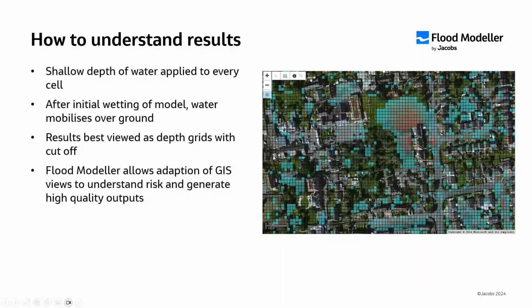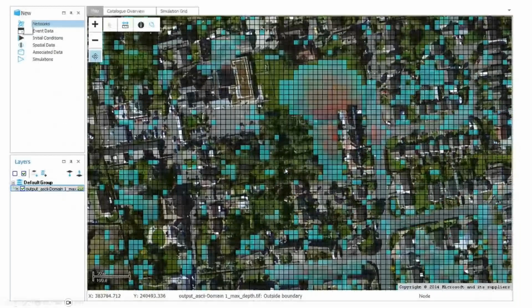But we can adjust the color ramp such that you show only areas with deep water, and then you can refine that so you can see areas of deepest water in particular colors, which aids with your analysis. So you can see areas of high velocity, high hazard, or deep water, according to your analysis. And they're quite nice and easy to visualize, and you get a good idea of what the risk is in different areas.